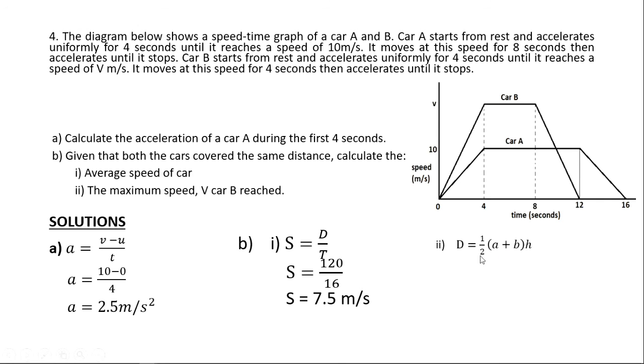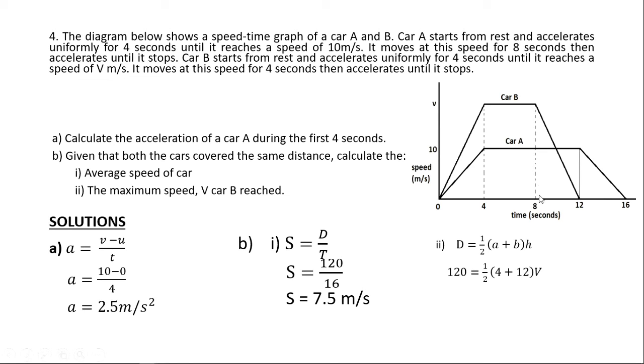So we are going to say D equal to half, open your brackets, A plus B, H, where there's D, we'll replace a 120, since we found the 120 for the distance under the car A. Half, our A is 4, subtract 8 minus 4, you get a 4, and our B is 12.